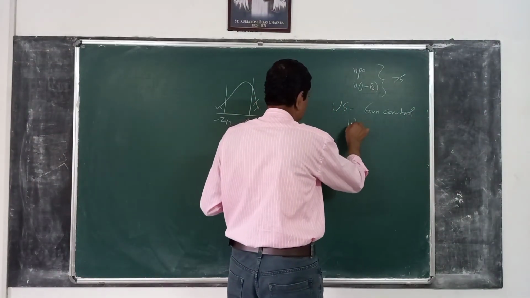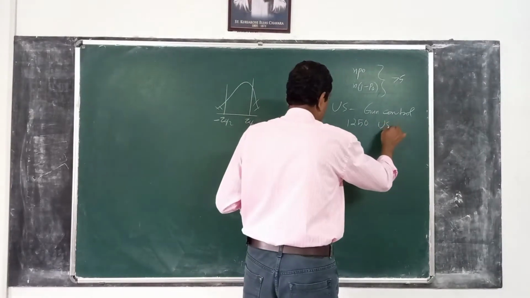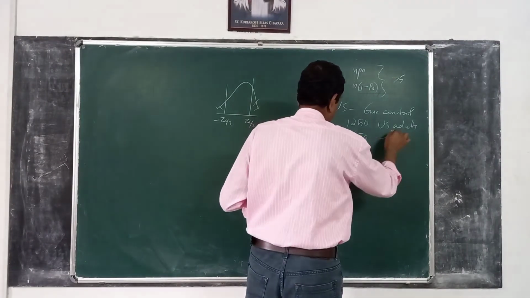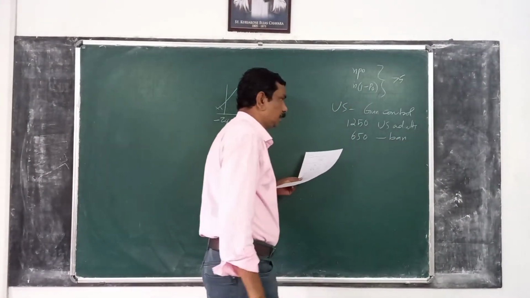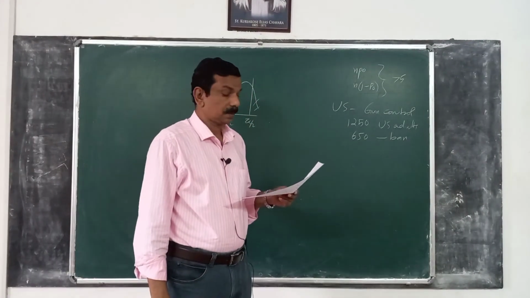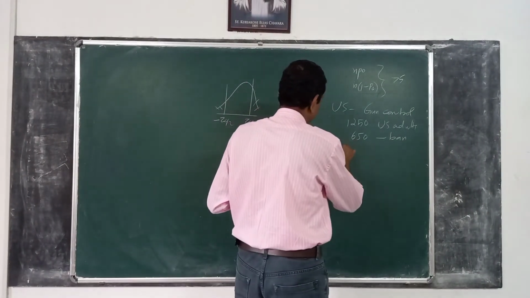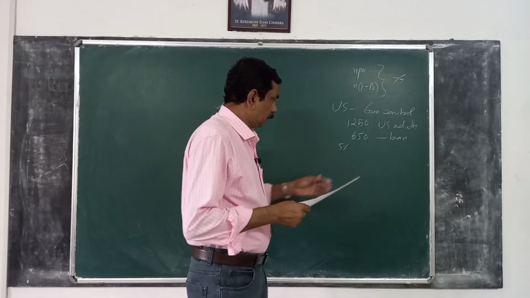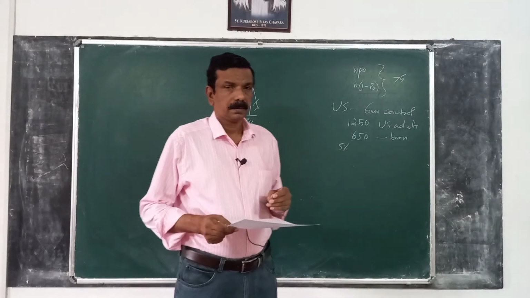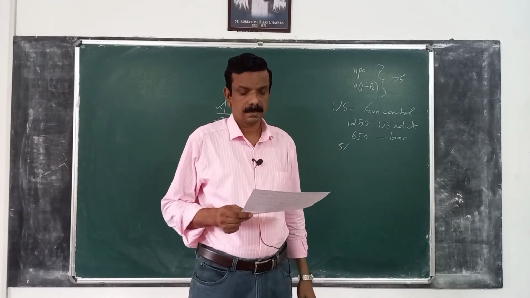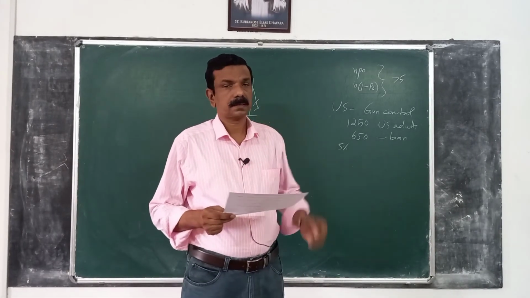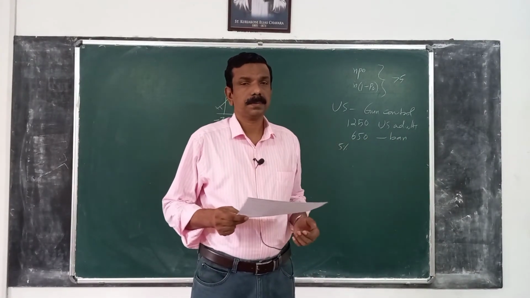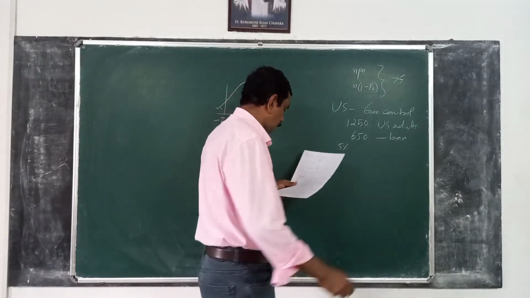In a survey of 1,250 US adults, 650 favored a ban on using or keeping guns. At the 5% significance level, do the data provide sufficient evidence to conclude that the majority of the adults favor a ban on private keeping of guns?